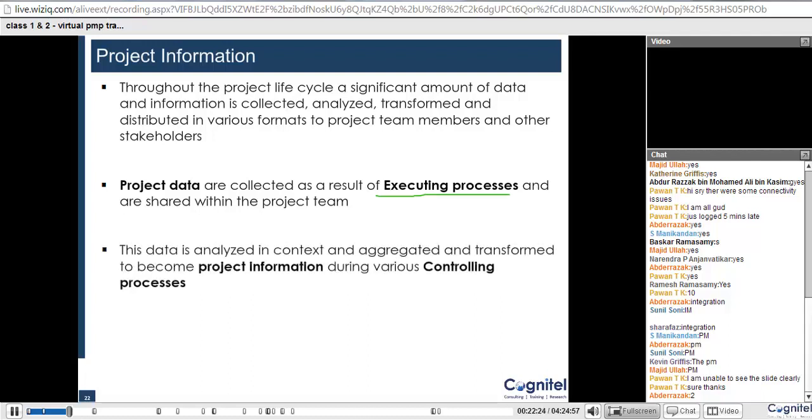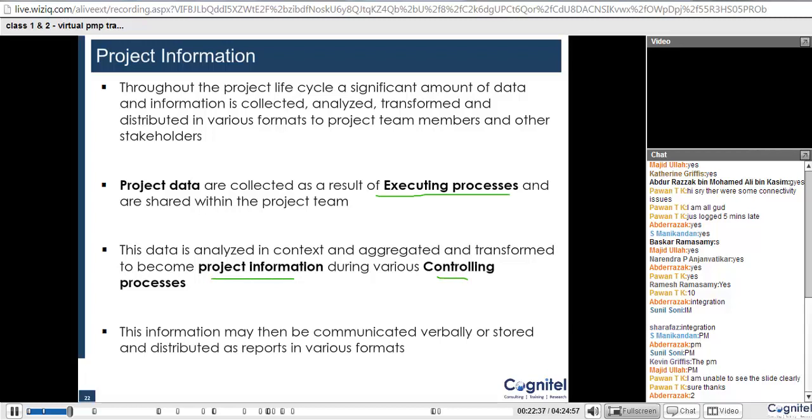This data is analyzed in context, aggregated, and transformed to become project information during various controlling processes, and this information may be communicated verbally or stored and distributed as various reports. So understand the difference we are trying to tell over here, that there is a difference between data and information.